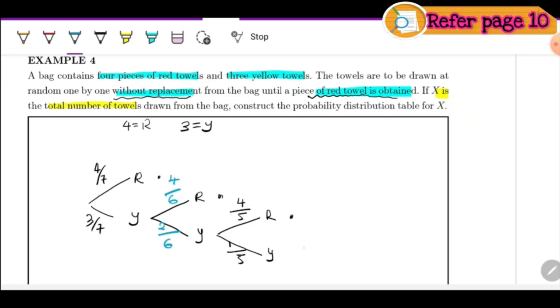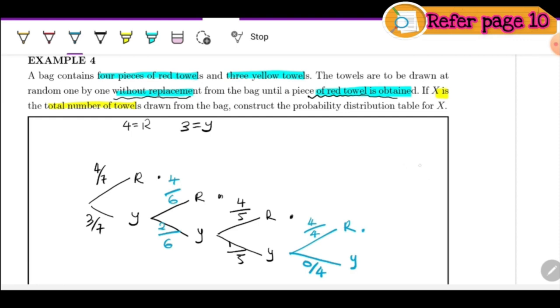Continue the process if we get a yellow towel for third draw. So the fourth draw, we could get either red or yellow. So the probability for yellow towels is 0 out of 4. And for red towels is 4 out of 4.